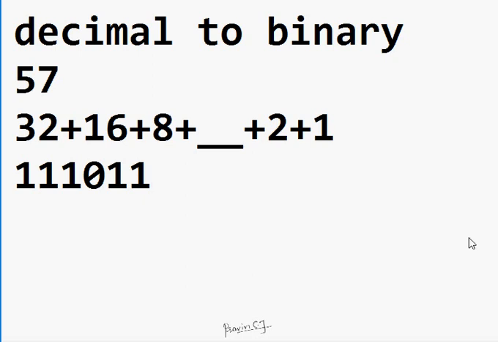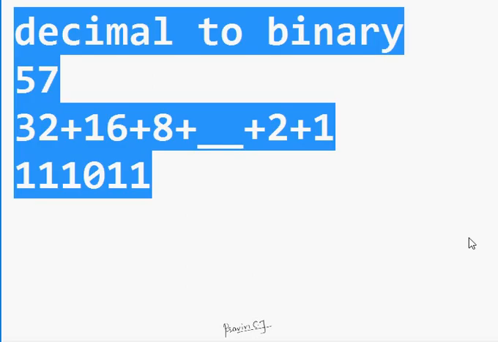If you want to convert, you have to convert it to decimal and then convert to binary. The same thing applies to hexadecimal to binary, or any other approach.